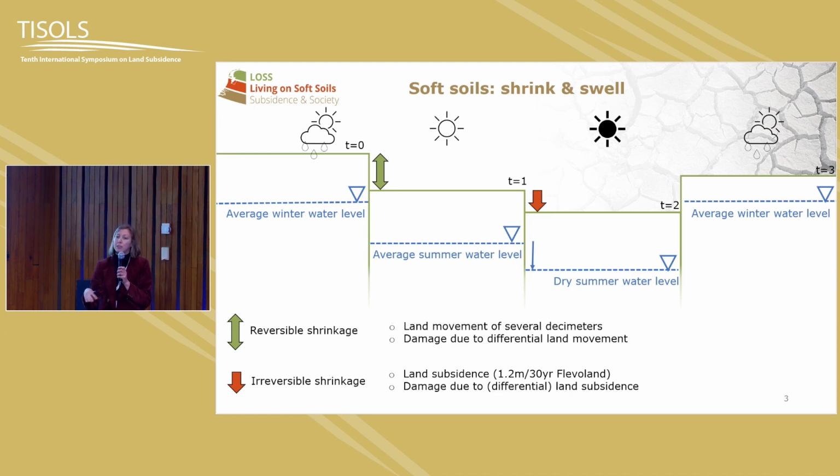So particles that have been upright can go into a horizontal position, meaning you lose volume, but they cannot get back up. So this is permanent, irreversible, and adds to land subsidence. For example, in Flevoland, this was up to 1.2 meters in the first 30 years. So it's an important process to take into account, especially when looking at reclaimed land.